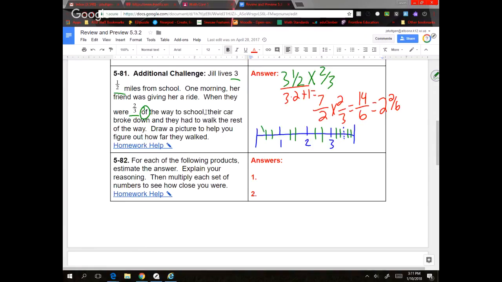So now I got 2 in each. Since these are thirds, I need 3 pieces to make a whole. So here's 1, 2, 3. That's 1 whole. 1, 2, 3. I'm at 2 wholes. And then you'll notice I got these 2 guys down here. Notice I split each side into 3 pieces. If each side is 3 pieces, that means there's 6 total. 2 and 2, 6.